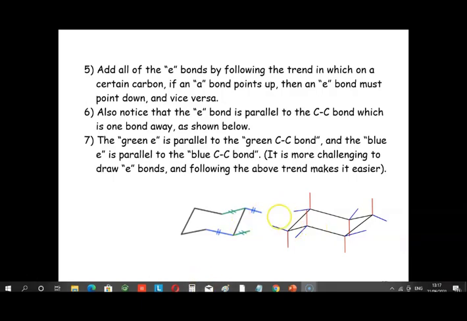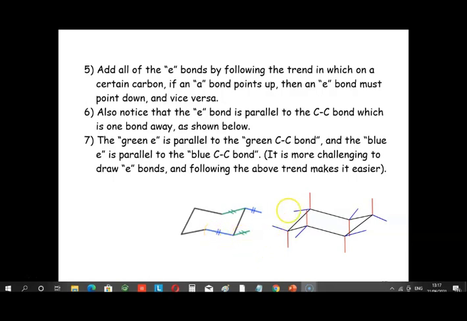Here we can see the green equatorial carbon-hydrogen bond is parallel to the carbon-carbon bond shown in green, and the blue equatorial carbon-hydrogen bond lies parallel to the carbon-carbon bond shown in blue.